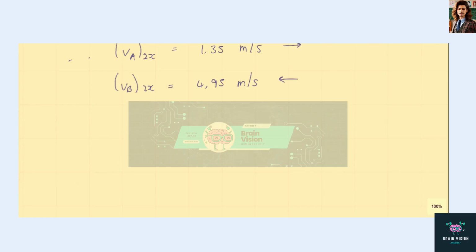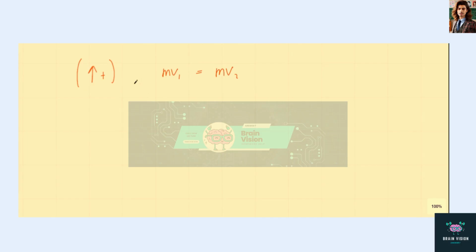Now we need to calculate the y components. So we'll take the upward direction as positive, and we'll use the conservation of momentum again. mv1 is equal to mv2. So in the y direction, we have for disk A 0.5 times sine theta, 4 over 5, times v, which is 4 meters per second, and disk B has no y component.